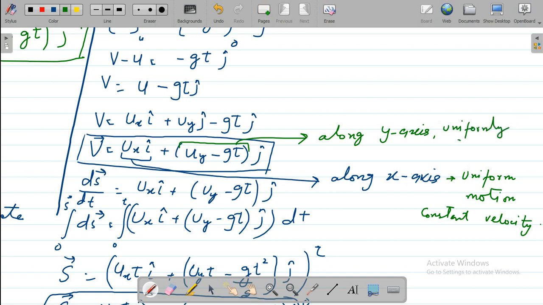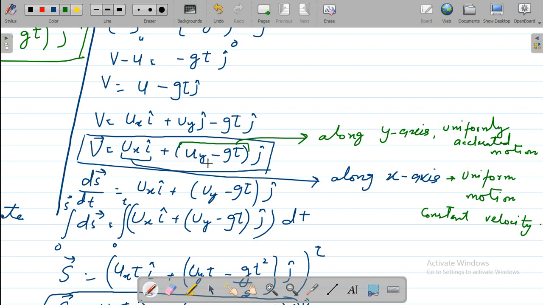Uniformly accelerated motion along y-axis. So if we have to find velocity after time t, we know vx will be equal to ux, so we don't need to find the velocity along x-axis.